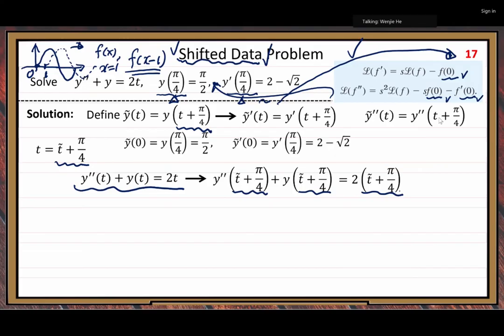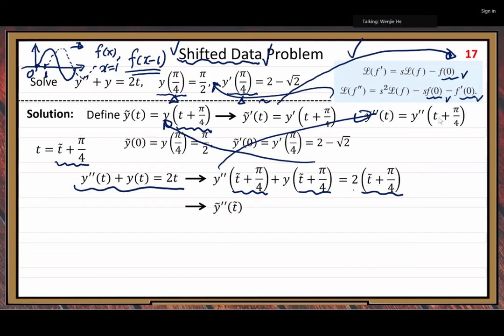With this structure, can we convert it to the tilde version? Yes. This is the tilde version and the y version. So from this equation, we can go to the ODE of that y tilde version.